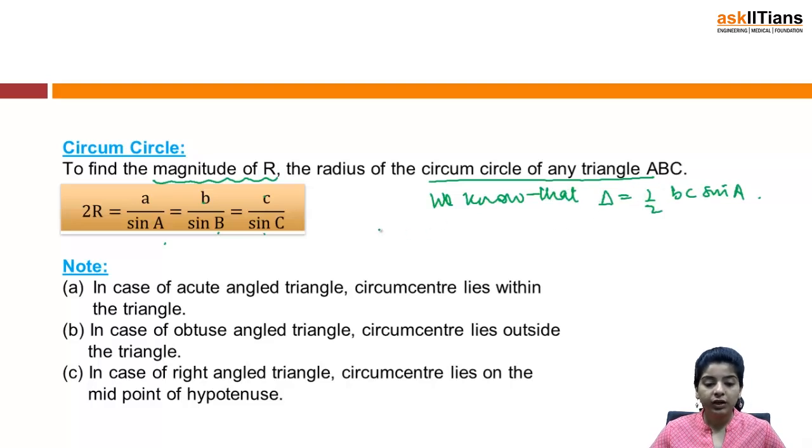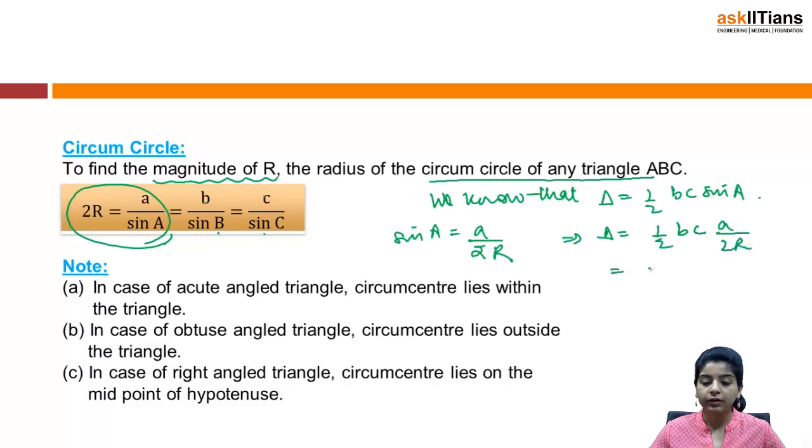So now from here, you can say that sin A is a by 2R, right? So that means delta is half of bc times a by 2R, that becomes abc by 4R.